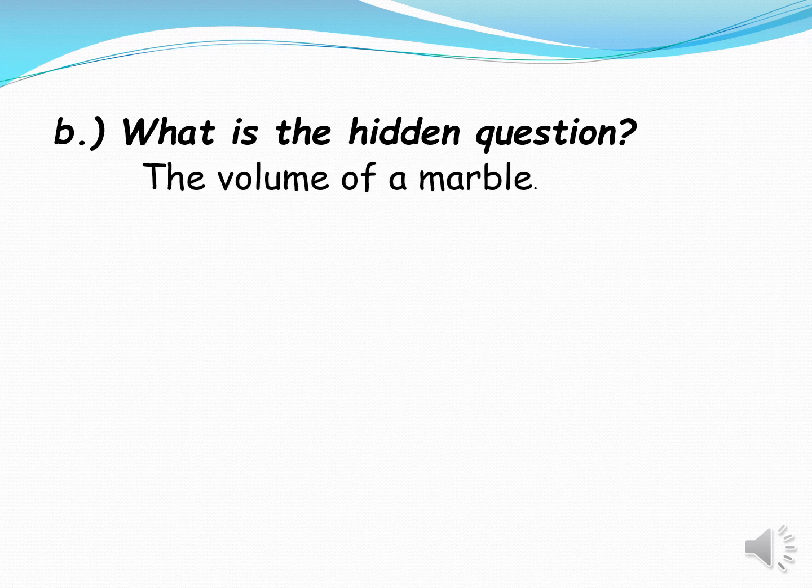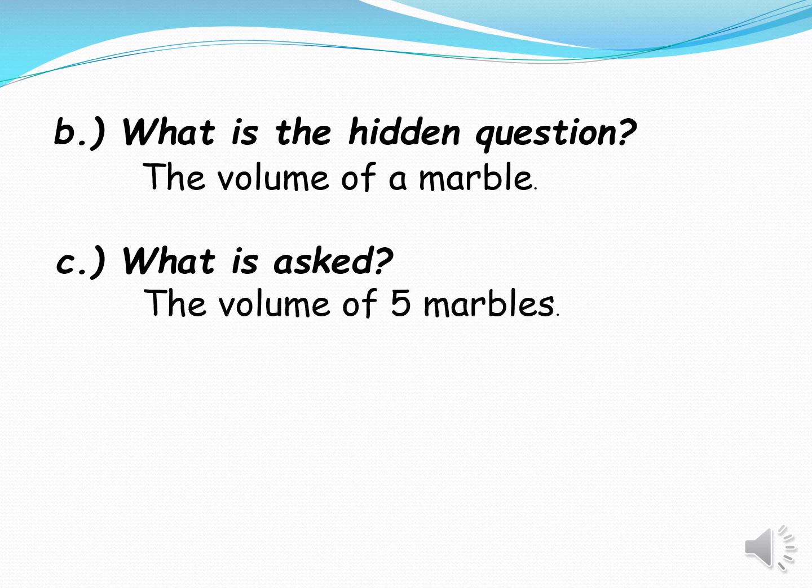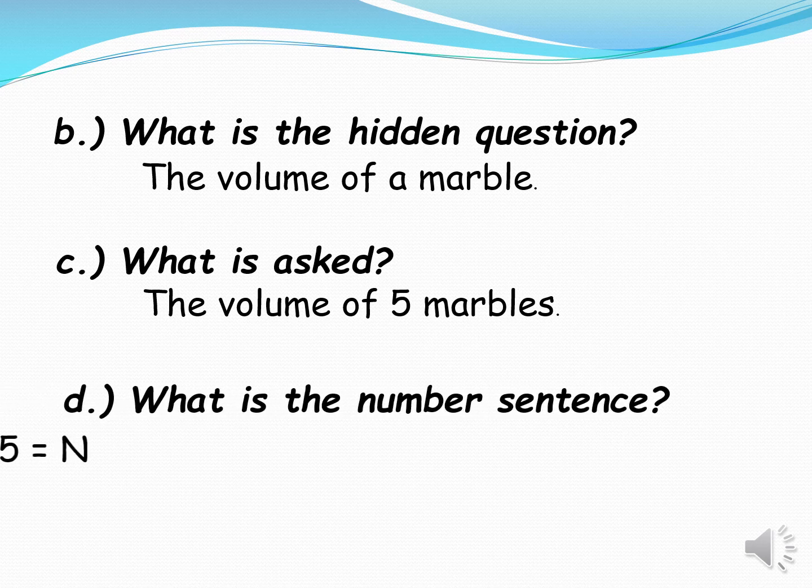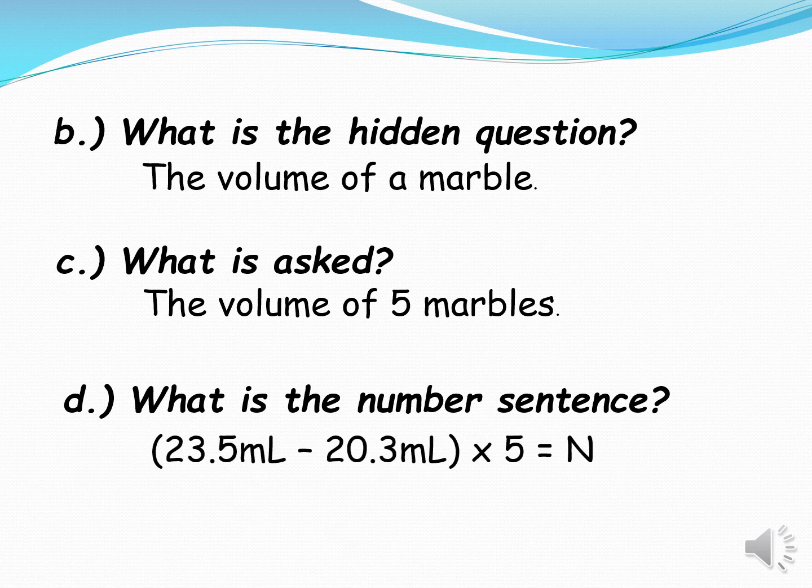The volume of a marble. What is asked? The volume of 5 marbles. What is the number sentence? We have the quantity 23 and 5/10 milliliters minus 20 and 3/10 milliliters times 5 equal to n.